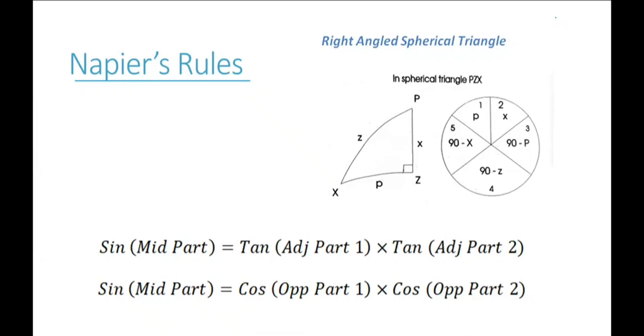Now, what does Napier's rule say to us? Napier's rule tells us that in any special spherical triangle, meaning having a 90-degree part, that is the speciality, if you know any two things other than the 90-degree part, it could be two sides, it could be two angles, it could be one side and one angle, anything is possible, then by using Napier's rule, you can find everything else in that triangle.